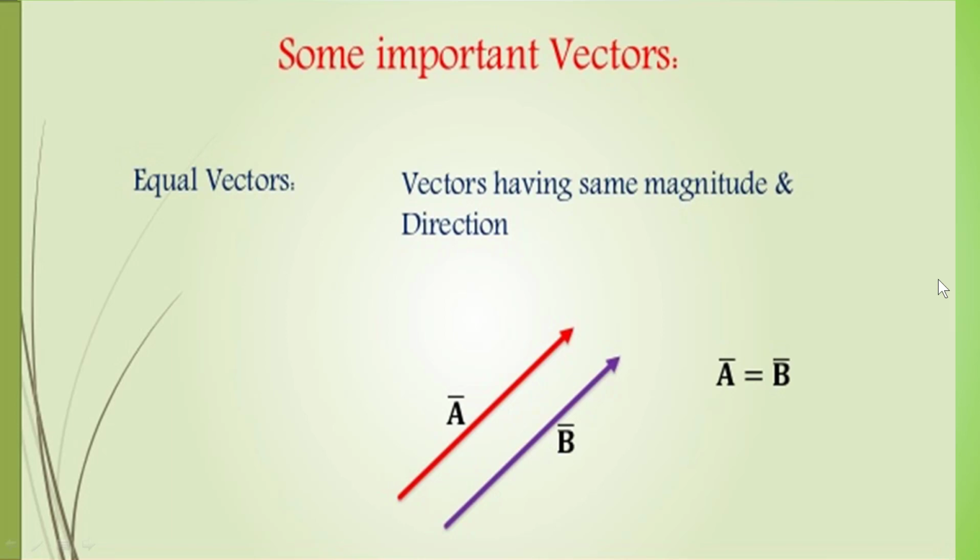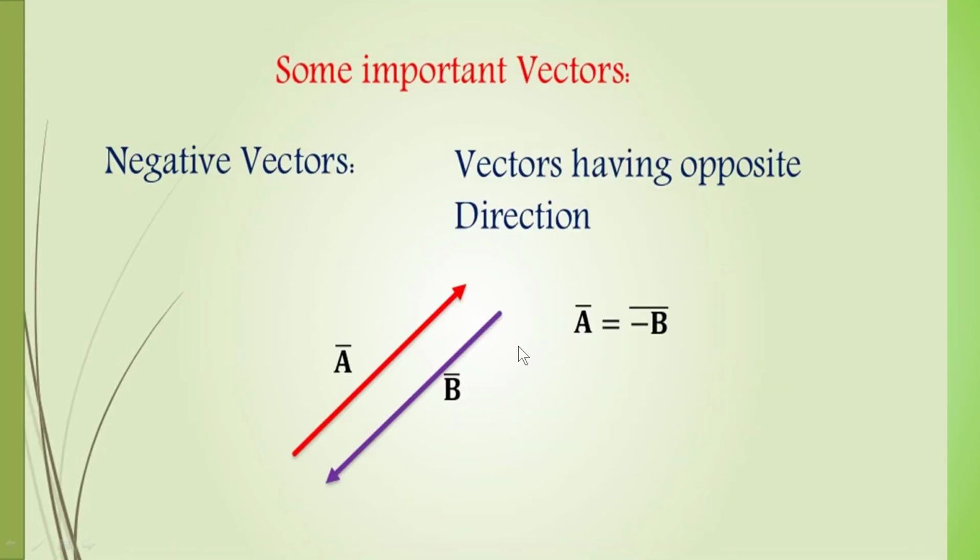Vector A and vector B are equal in magnitude and they have the same direction. It doesn't matter what their starting point or ending point is, their head and tail, or where they are placed. Just their magnitude should be the same and their direction should be the same, then they are known as equal vectors.